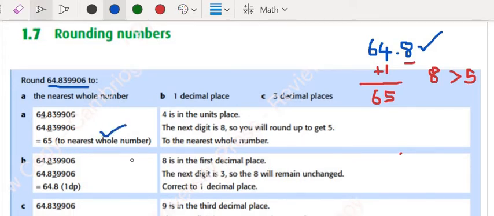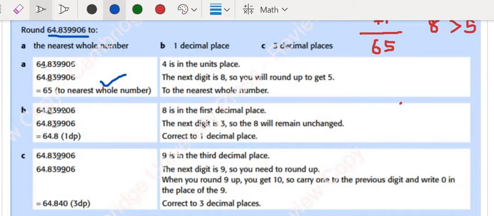Next one for B. We are asked to round it to the nearest one decimal place. So we take the number 64 point 83. We have to see the second decimal value. What is that?